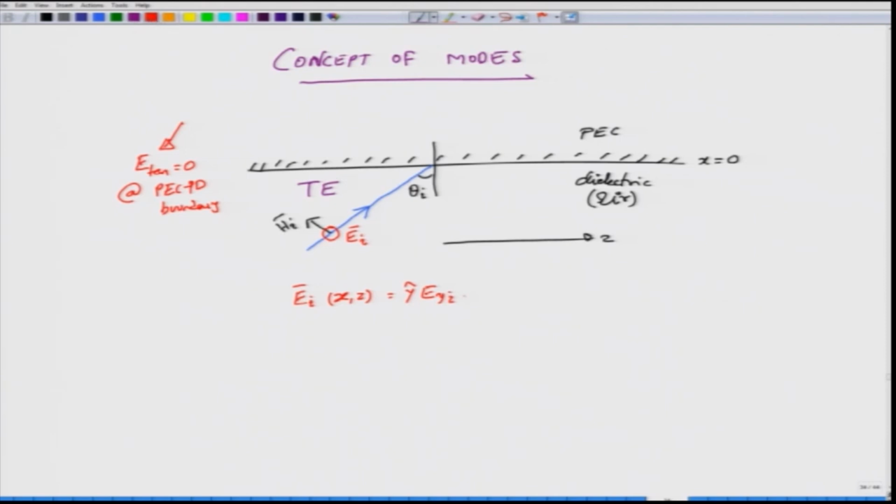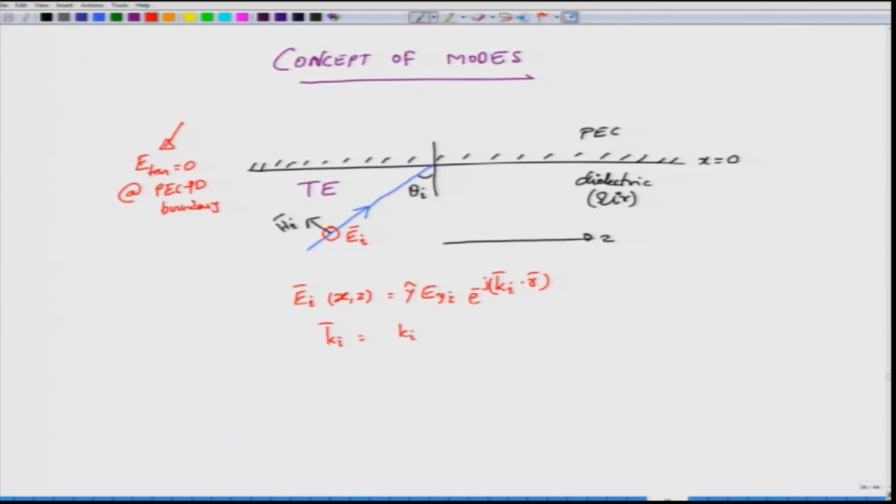So, I know that this is essentially a plane wave that I have been considering. So, I will have the exponential or the phase factor of the form k I dot r, where k I will be the incident wave vector, which itself has components along x and z.